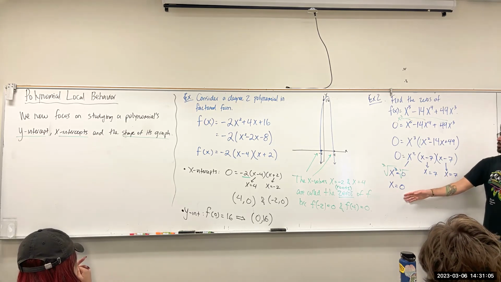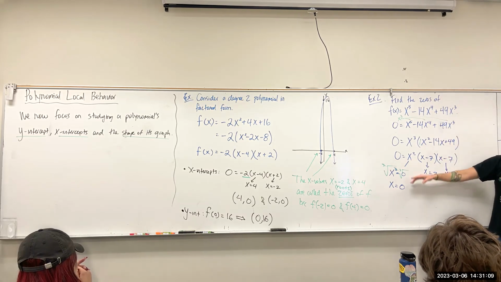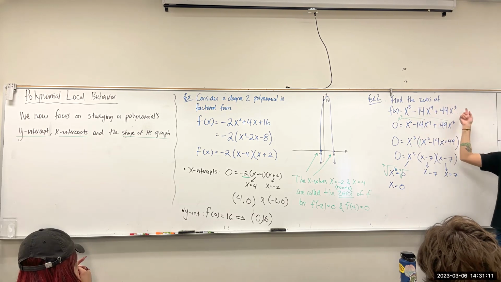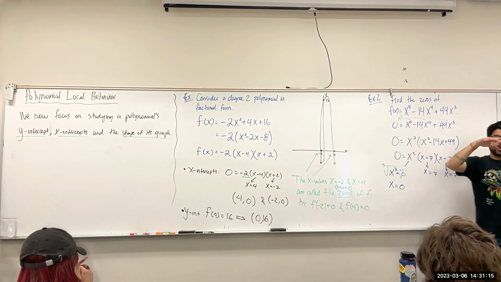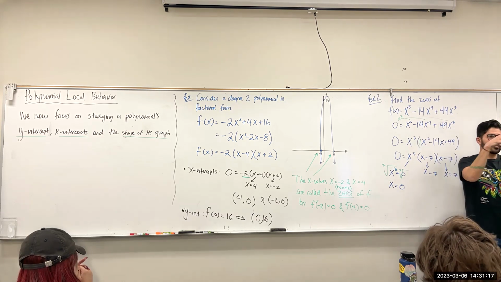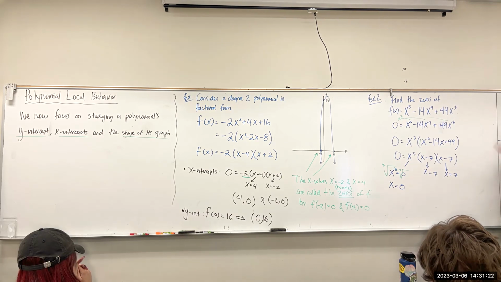One property of polynomials, we'll get there later, is this: what's the degree of this polynomial? 5. If I factored it, can it factor into 6 different things? No, because if you multiply them all out, the degree of x would be 6.